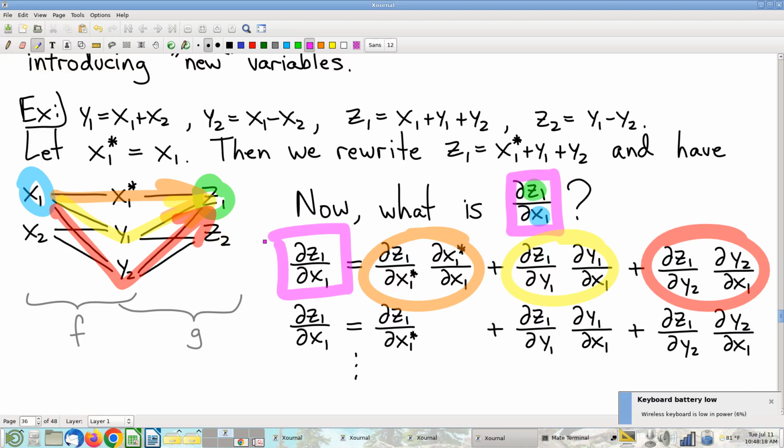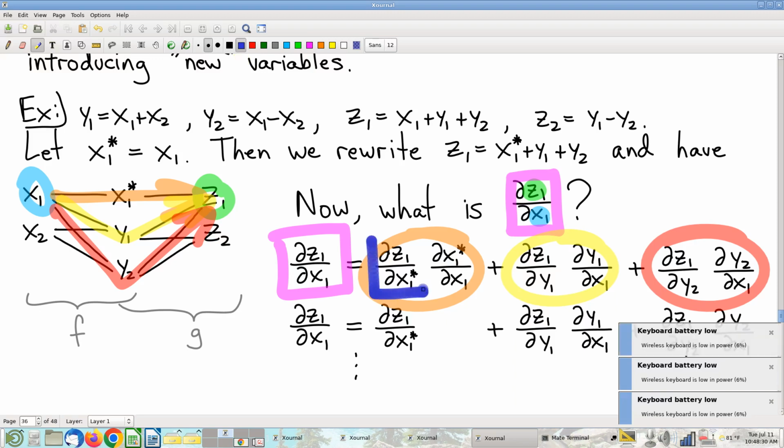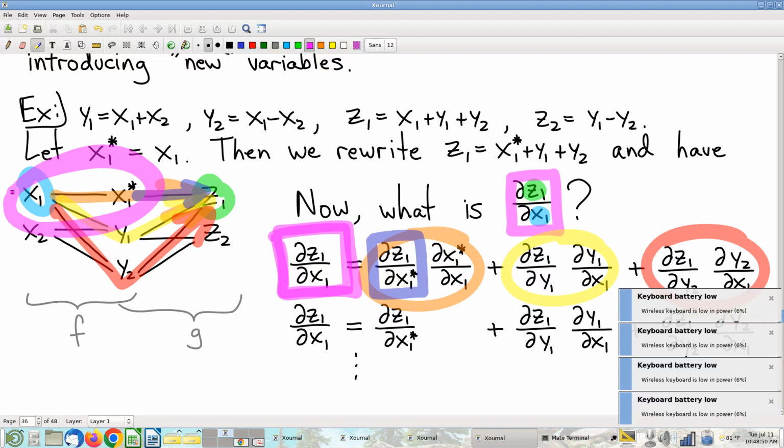No problem. Everything makes sense. Everything's unambiguous. This thing right here, partial of z1 with respect to x1 star, that just means this thing right there. Okay. Clear distinction between that and partial of z1 with respect to x1. Right? Because x1 and x1 star are not the same thing, and I can explicitly see the difference between x1 and x1 star right there.